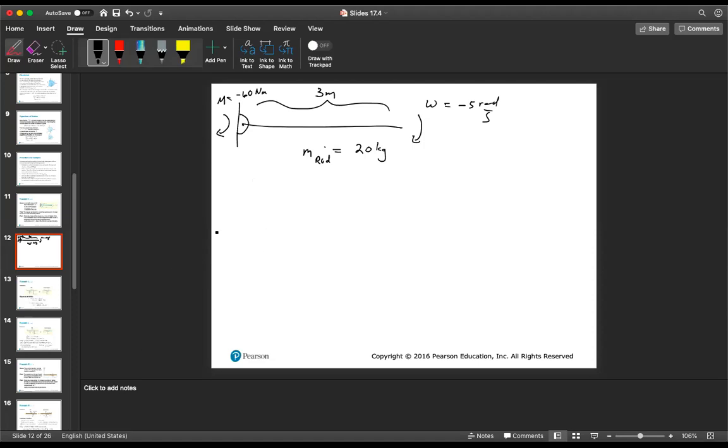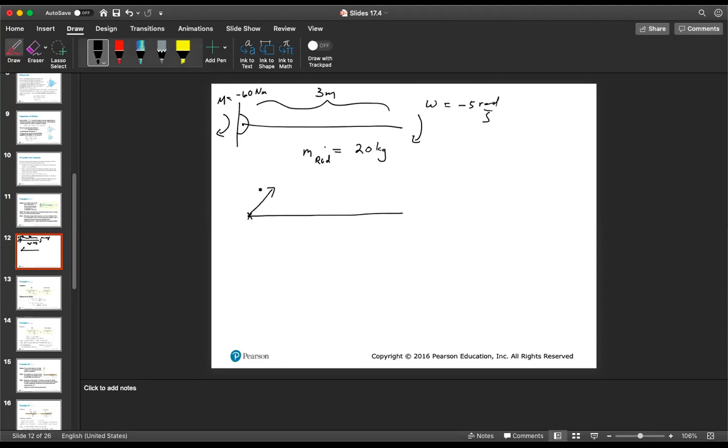So let's draw a good free body diagram here. I'm going to mark the pinned point, and I have my rod, and I don't know what kind of force is generated at the pin. So I'm just going to draw some random arrow.